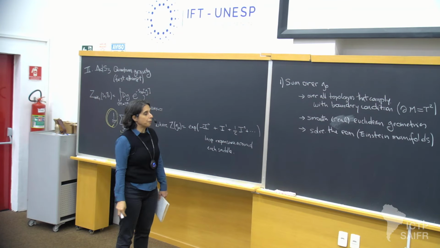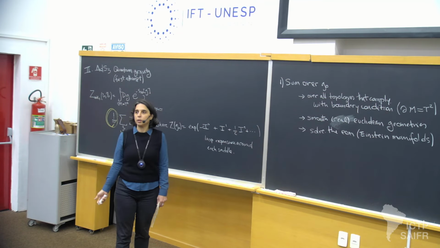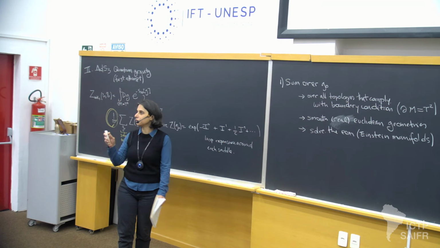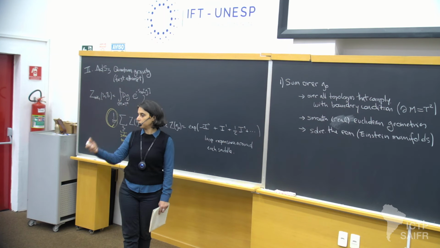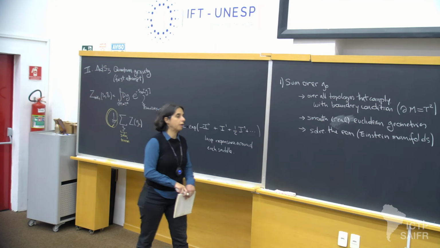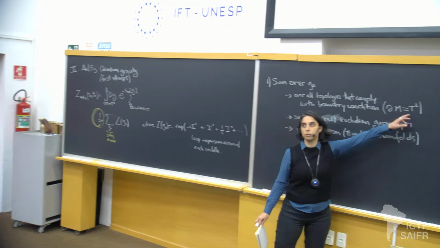Okay, so what is one solution that complies with this boundary condition? Thermal AdS₃, just to be precise, because we want the Euclidean version. What's very important is that we're fixing the torus at the boundary.